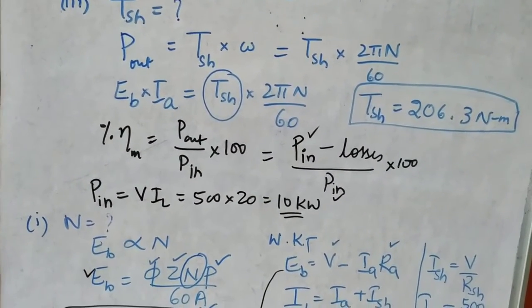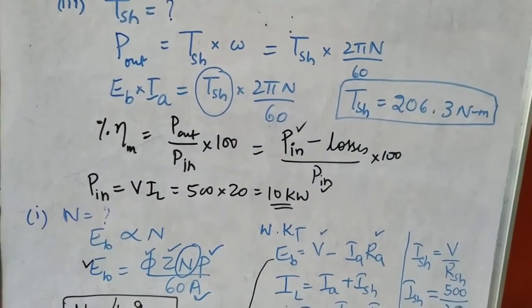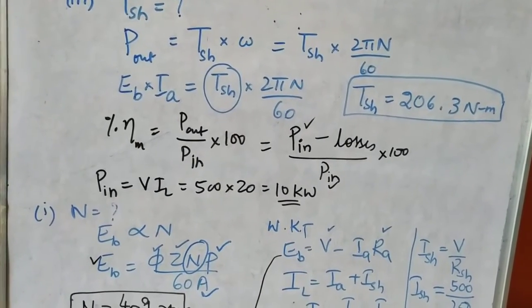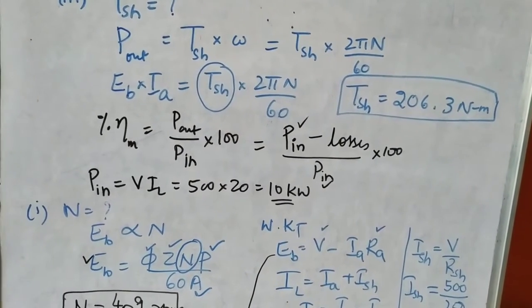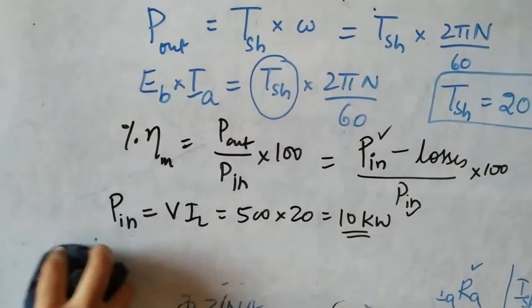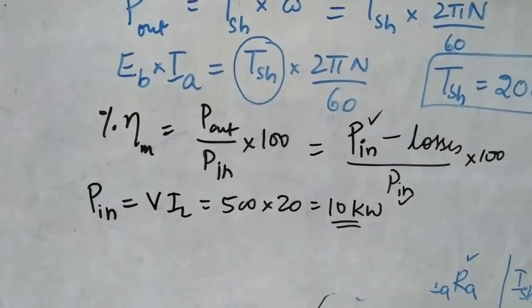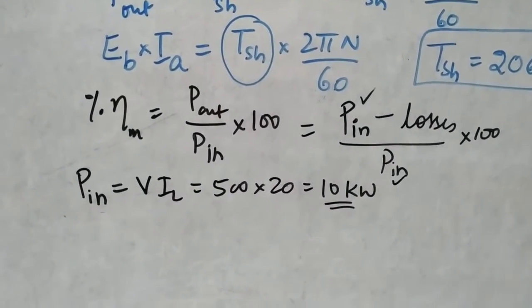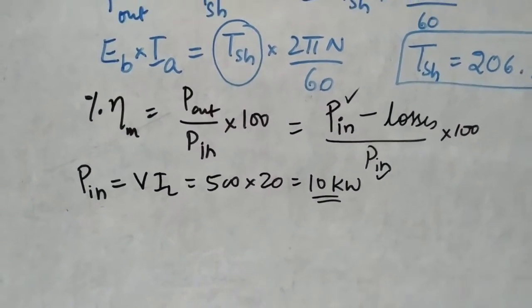What are all the losses in the DC motor? We have the field copper loss, the armature copper loss, and also the constant loss. Constant loss value is already given in the problem. Constant loss means it includes the magnetic and mechanical losses, which is 900 watts, right?